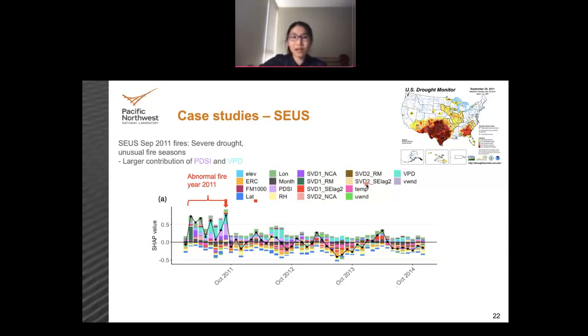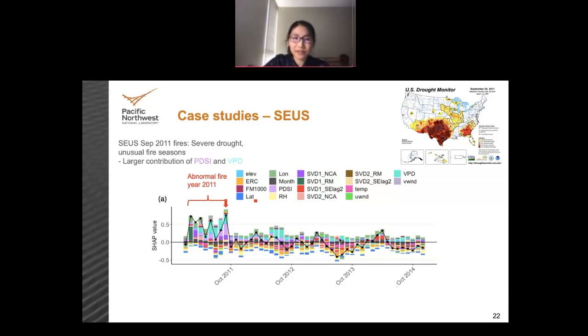So here we have two case studies to demonstrate how we can use SHAP to find out the drivers for a single event. Here I show the time series of SHAP values in the color bar for each predictor, and the line shows the normalized burn area.